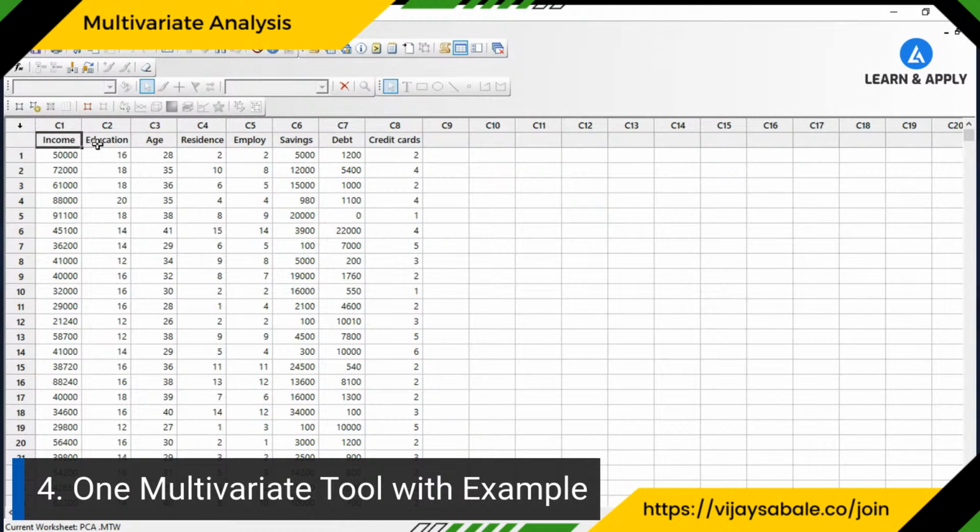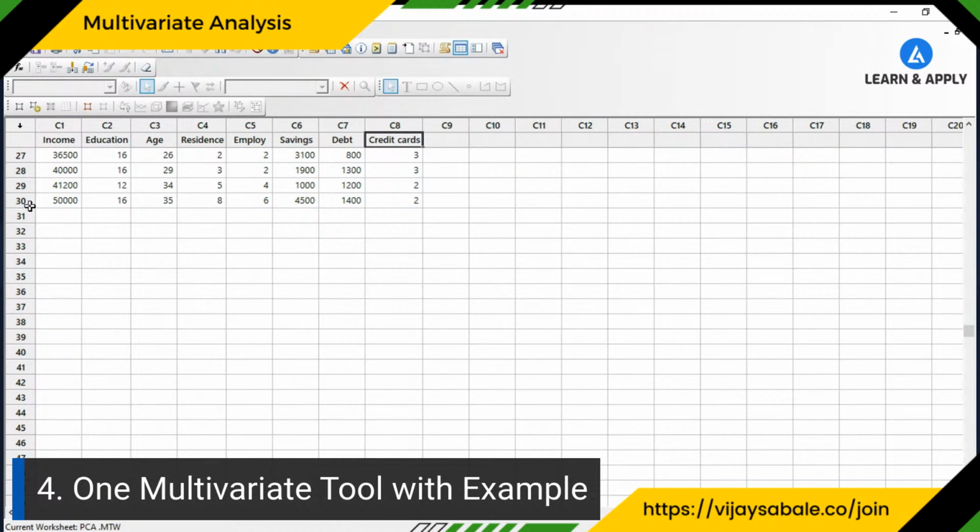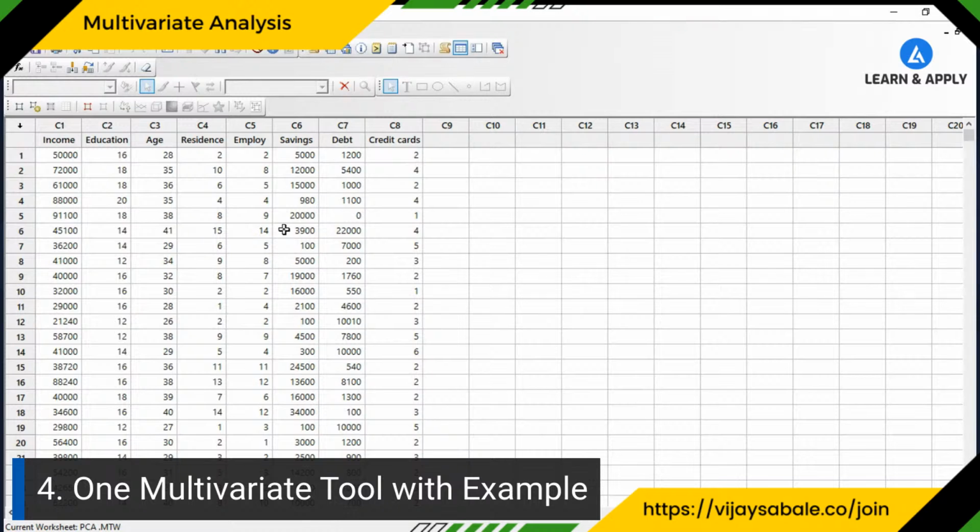It consists of the income, education, age, residence, duration of employment, savings, debts, and the number of credit cards that the applicant is using. This data is collected for 30 loan applicants. Now, instead of all these 8 variables, we want to group them as per their similarities so that decision making to pass the loan is very easy, right?